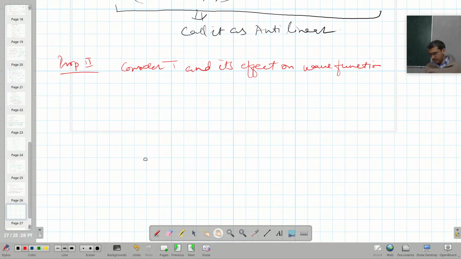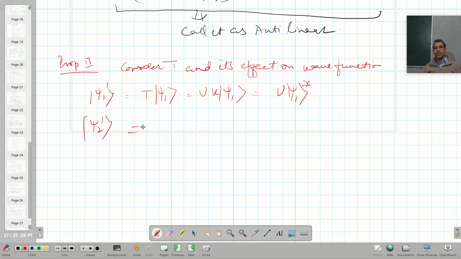For this, let us take psi 1 prime equal to T psi 1, which can be written as UK psi 1, and it can be written as U psi 1 star, because it will do complex conjugation and this will change t to minus t. And similarly psi 2 prime is T psi 2, which is UK psi 2, written as U psi 2 star.